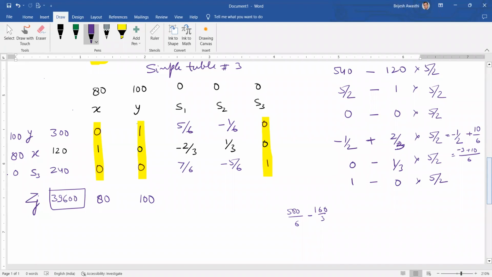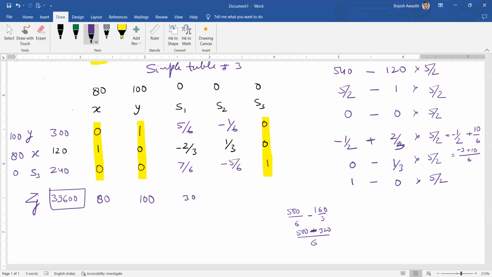And it becomes 0. So I'm going to make a total of it. 6 is the LCM. It is 500 plus 100 and 320 minus sign. So 500 minus 320 is what? 180. So this is 180 by 6. And 180 by 6 is what? 30. So I will directly write down the 30, not in fraction, right?